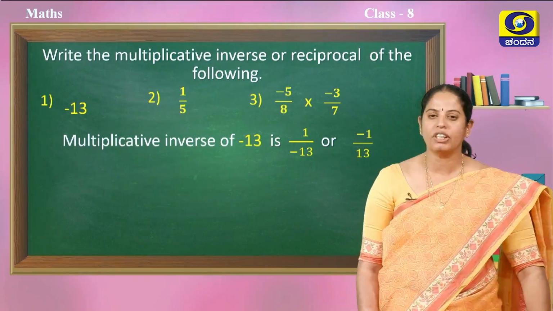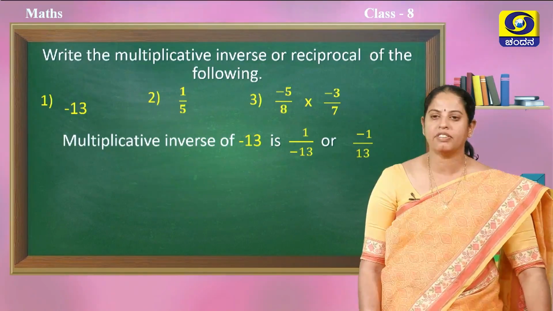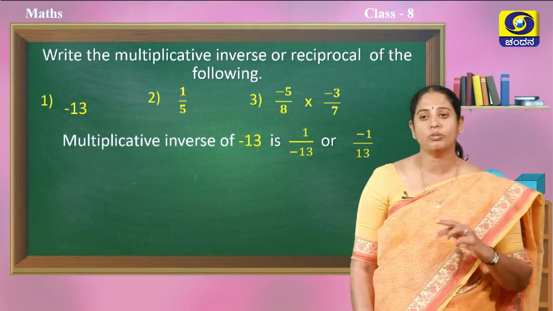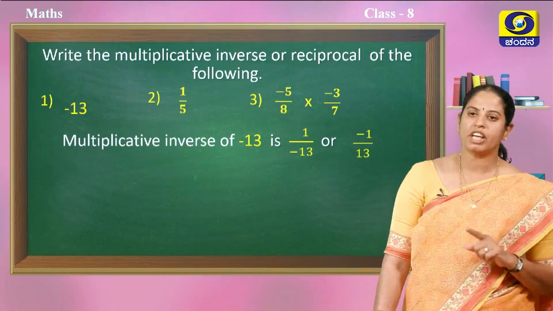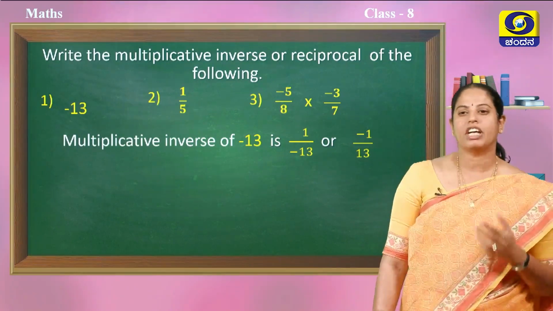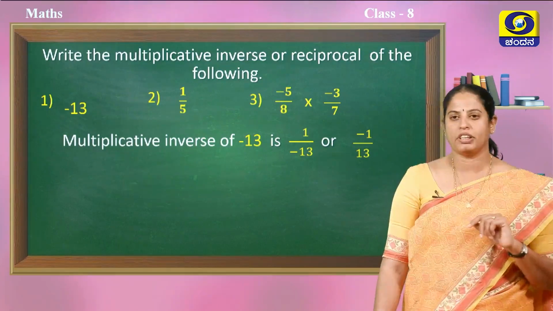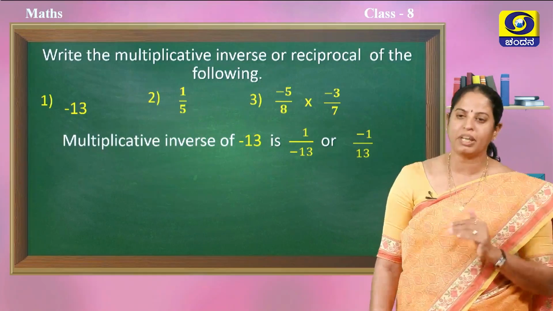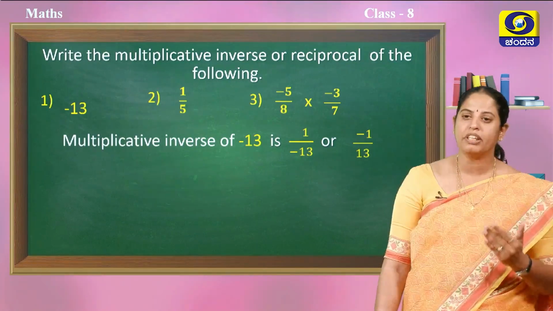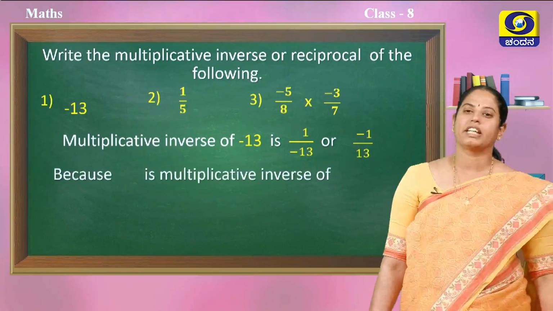For the second one, you have to write the multiplicative inverse by interchanging the numerator and denominator. Here, as in the case of additive inverse, we are not changing the sign, we are changing the numerator and denominator. For the third question, first multiply and simplify, you will get a number. For that number you write the reciprocal.